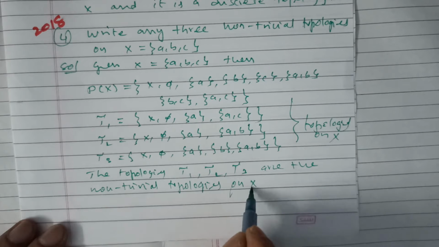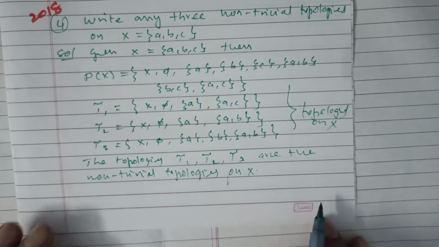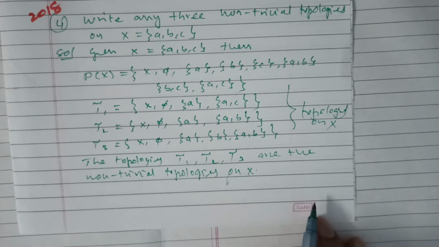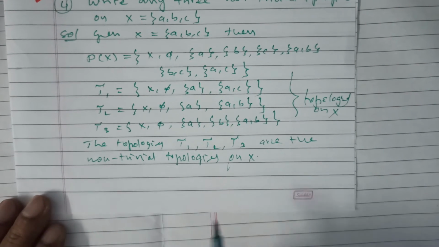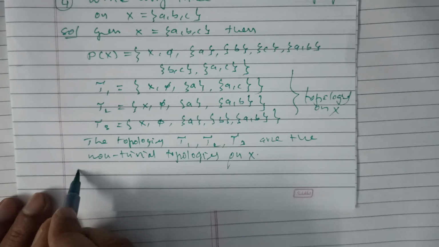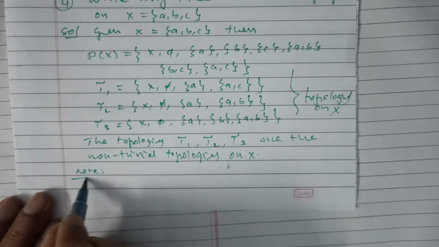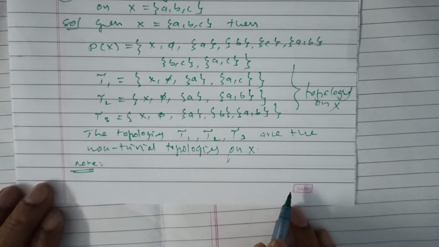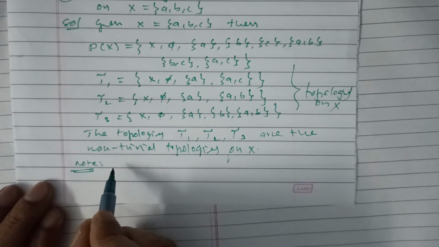So how many topologies are there on a set X having 3 elements? That was written already, whereas I will explain once again how many topologies exist.